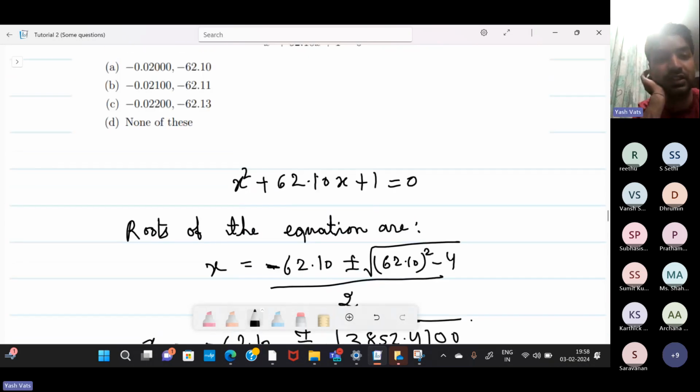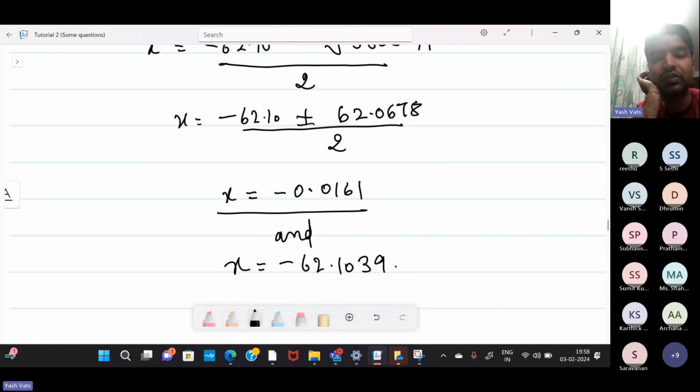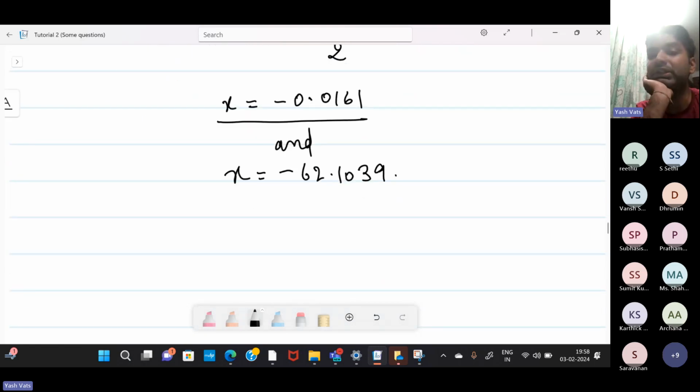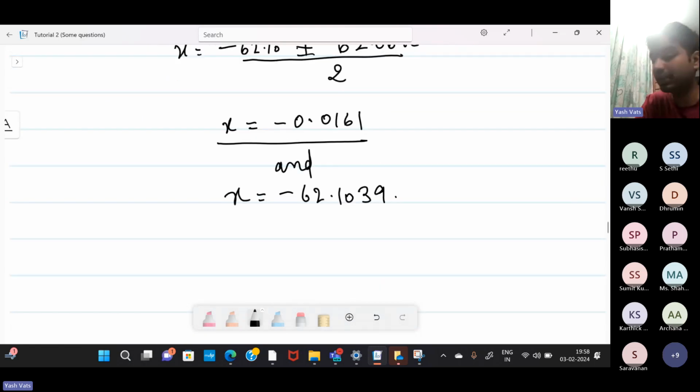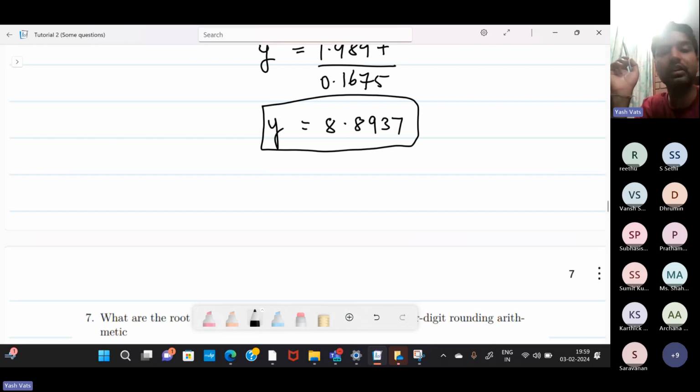Let me check this once more. Yes, it is 4-digit rounding arithmetic. So you can see that these should be the right values. So again, none of these options is the right one here.